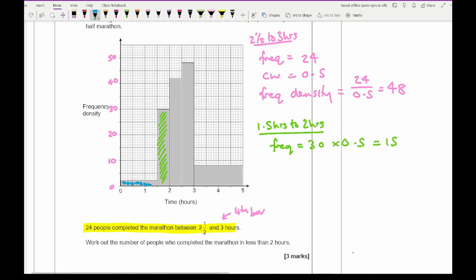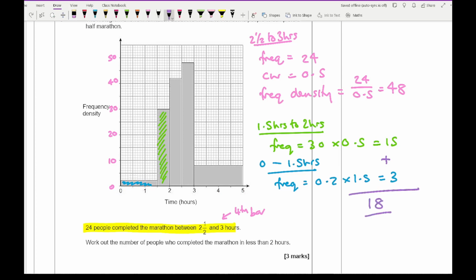I then work out the frequency of 0 to 1.5 hours, and the frequency density for that is 0.2, I make it, multiplied by the class width, which is 1.5, and that gives me an answer of 3. So the total frequency is going to be 15 plus 3, which is 18. So the answer then is 18 people.